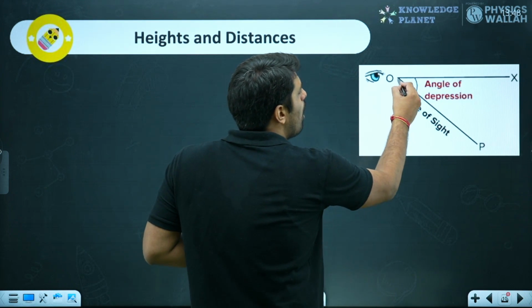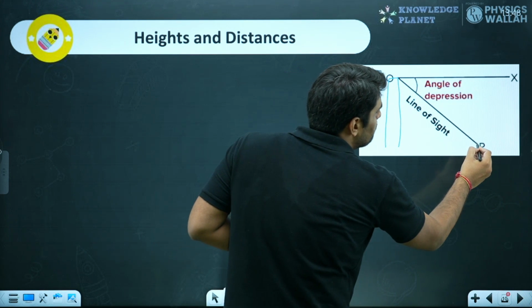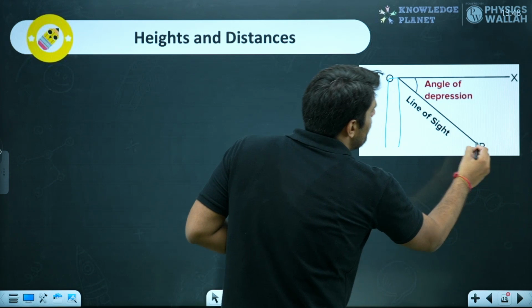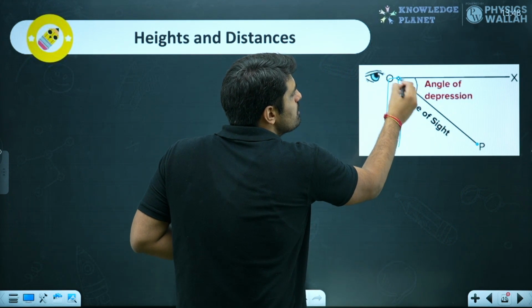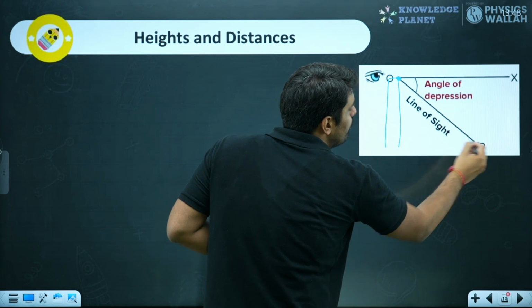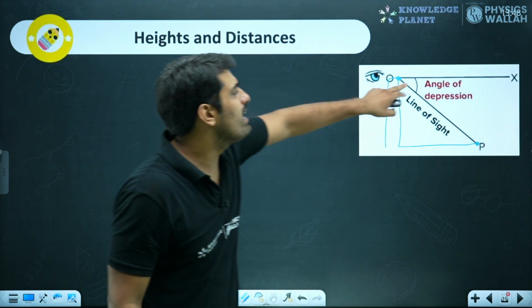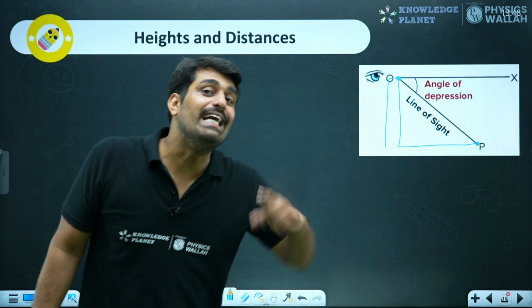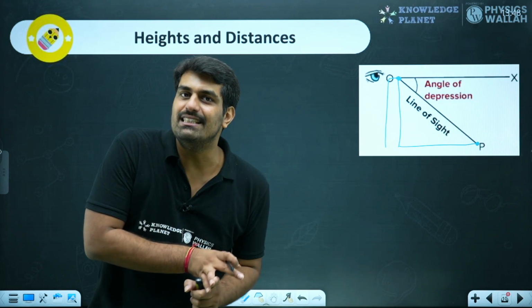So I am at the top of the building at the moment. And this person over here, which I am viewing, this is the point. So this is our line of sight, because this is my eye point, focus point. This is where I am looking to, and this is the triangle formed for me. This is the right angle formed for me. So over here, this is the angle of depression. Now, one interesting thing over here. Most of the students get confused when angle of depression is given.